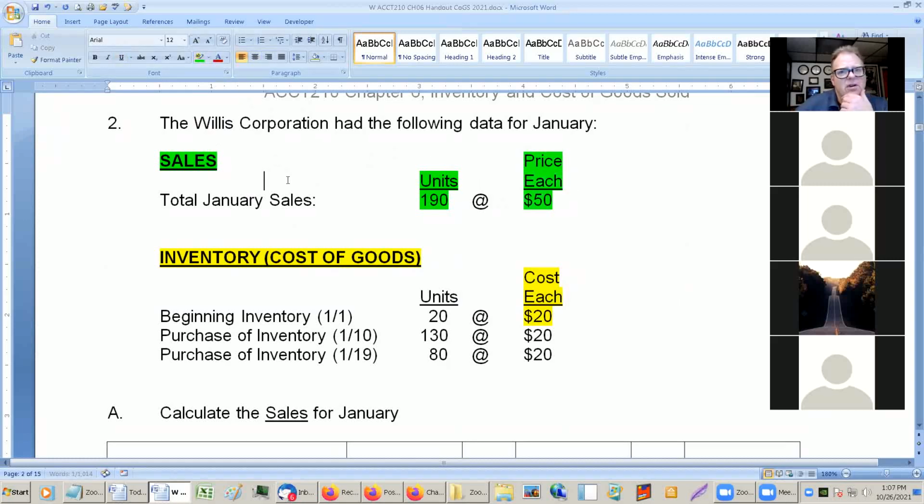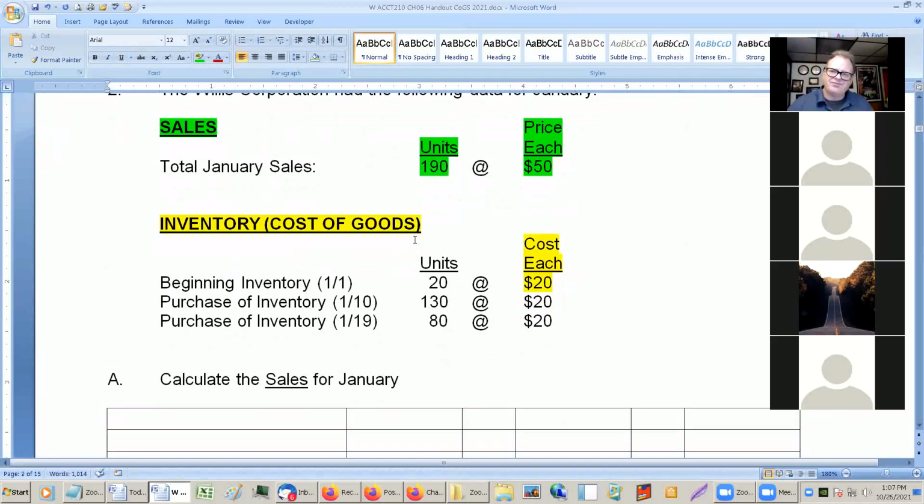And by the way, just so you know, the sales are the really easy part when it comes to this inventory stuff. Whatever you sold them for, when you gave them the products, whatever they gave you back, that's the sale.